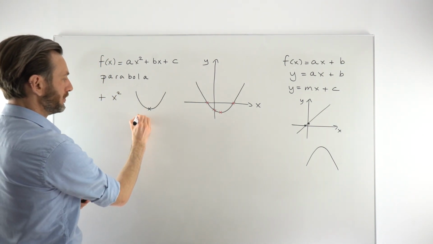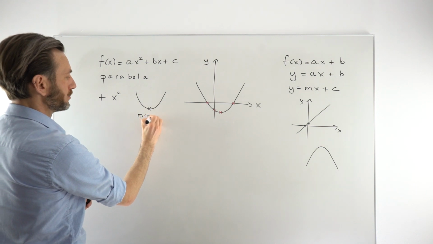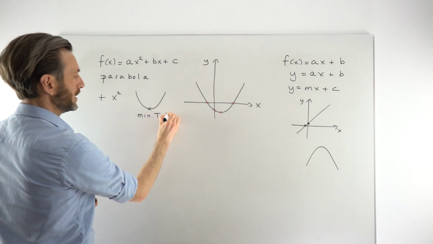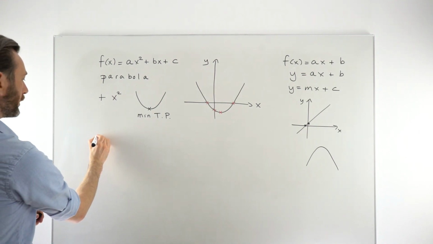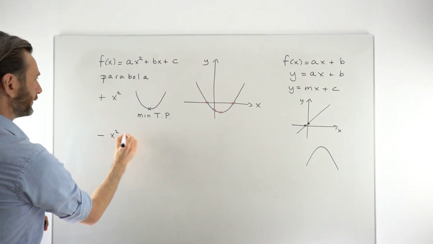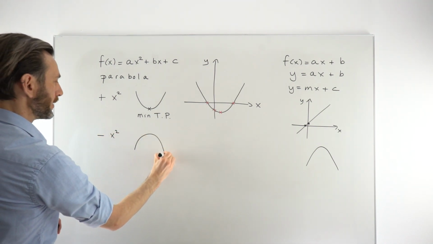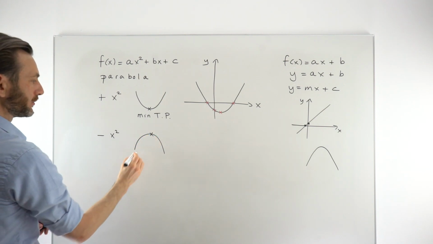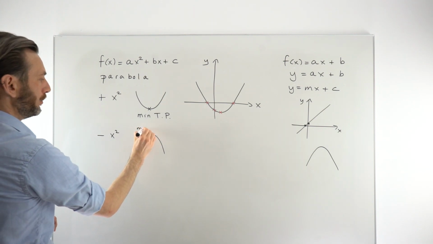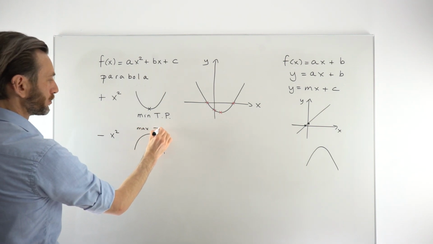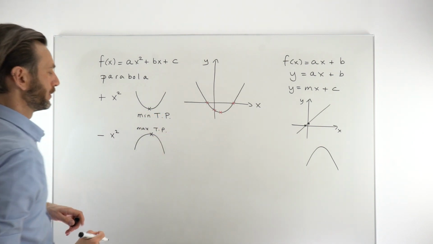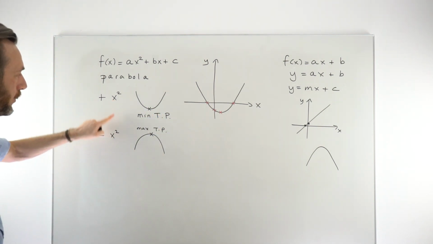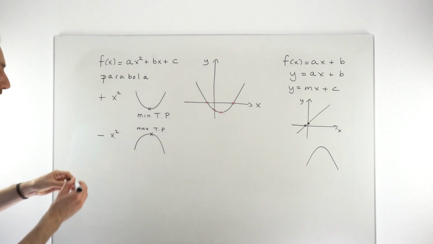I'll abbreviate that as TP for turning point. If you've got a negative x squared term, unsurprisingly, that flips the graph the other way around, and then you get a maximum turning point. Most of the parabolas you'll work with are probably going to be minimum turning points, but be aware of the maximum turning point, and it's all dictated by that x squared term.